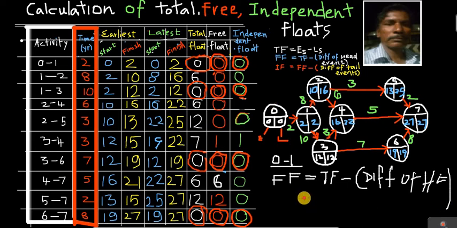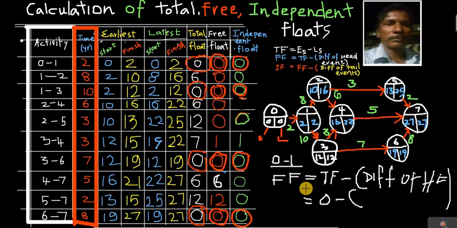Now let us calculate for the first, 0 to 1 here. 0 to 1, the total float is 0, 0 minus. Now take this particular activity 0 to 1. In that activity, in that head event, what is the difference between the latest time and earliest time? That we have to find out. For 0 to 1 activity, how to find out the free float?